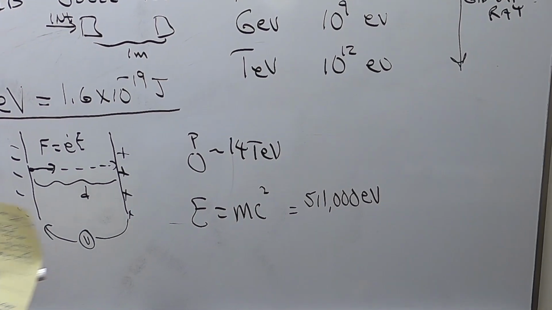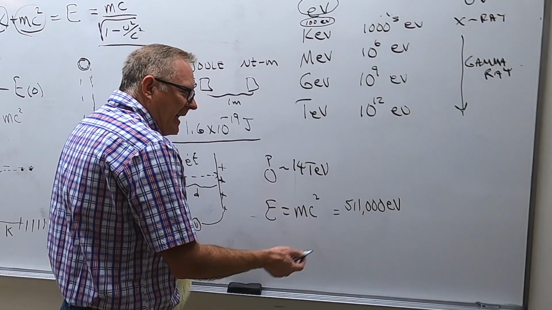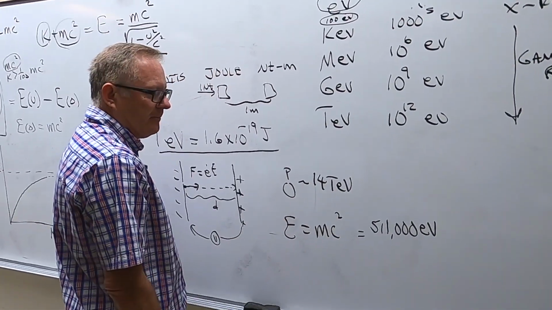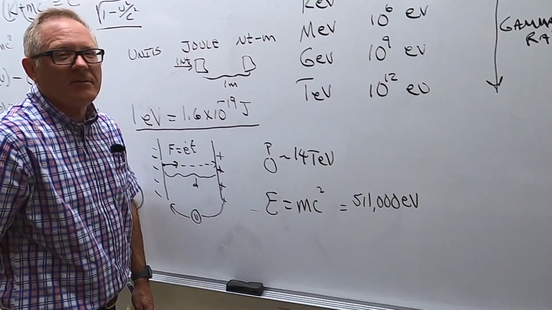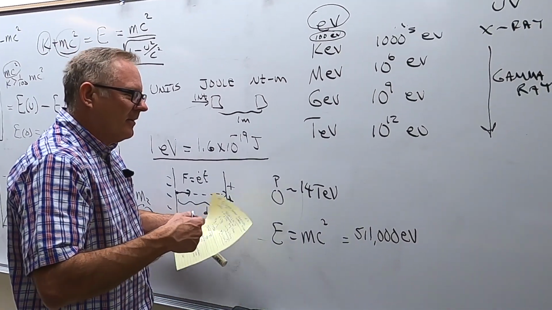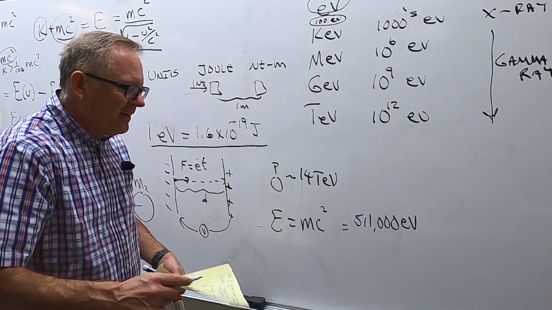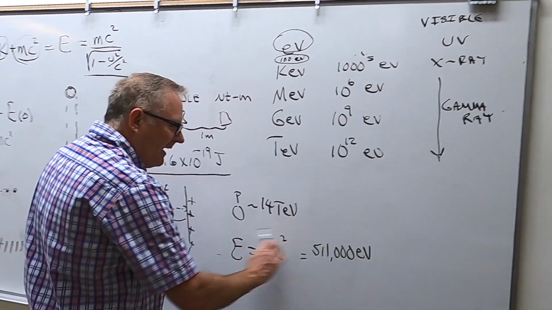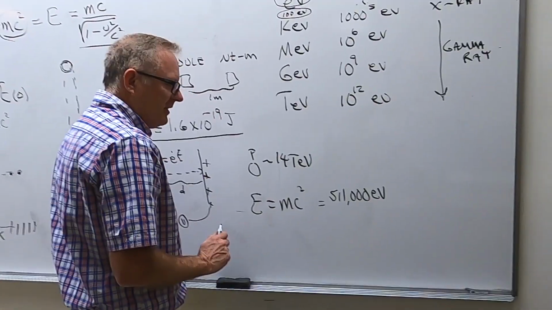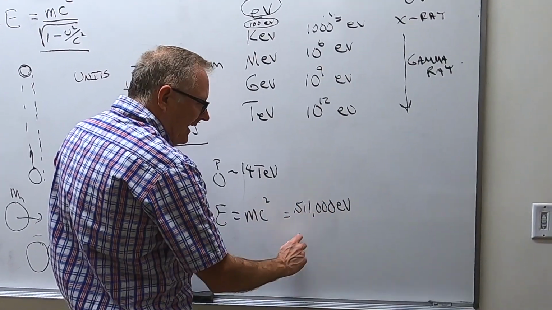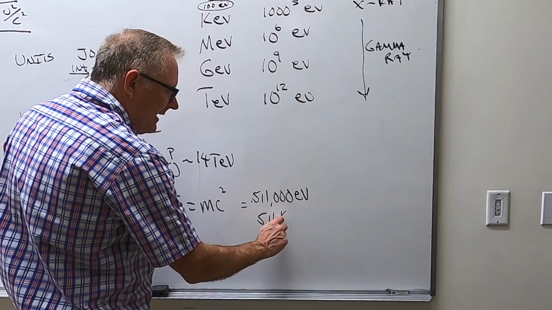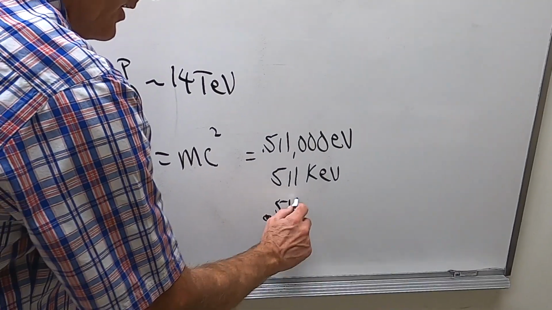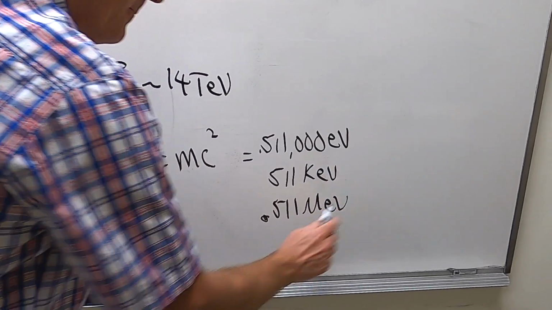But whenever people talk about the mass of a particle, they leave out the c squared. They say, what's the mass of an electron? They'll just say it's 511,000 eV. We're not going to say 511,000 divided by c squared. No, that's already implicit. They're kind of interchanging mass and energy here. We could have put this in keV, 511 keV. It's the same thing. Or in MeV, 0.511 MeV.